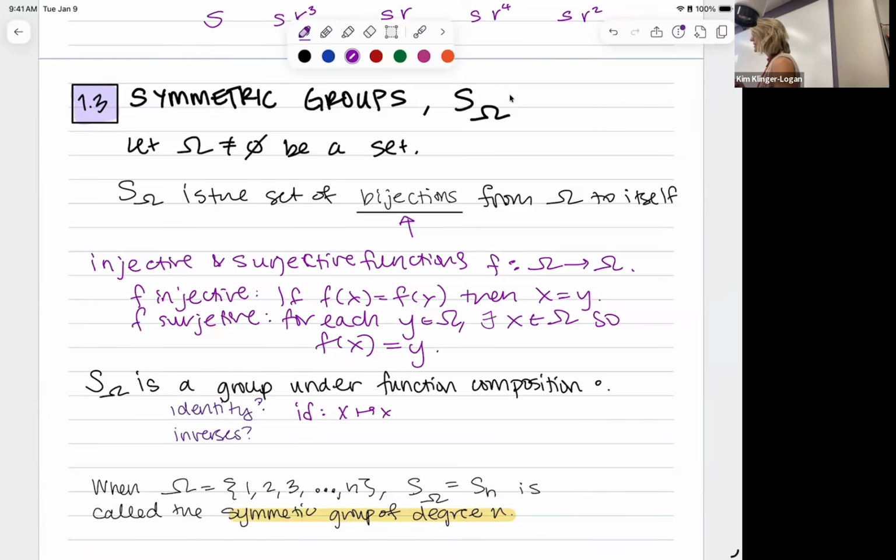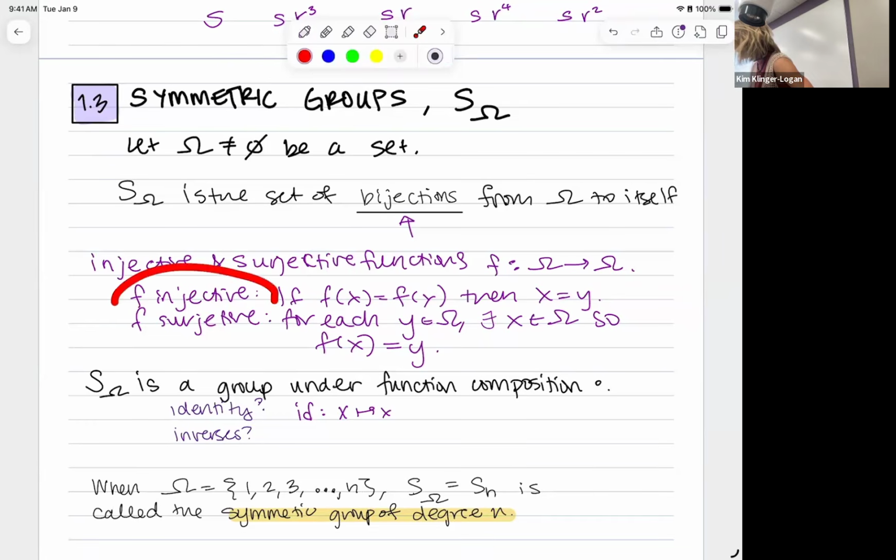Okay, and so what are inverses? Well, they're the inverse functions, right? And what's nice is that every bijection has a well-defined inverse. If I did not have these functions being bijections, if they were, say, not injective, then f wouldn't necessarily have a well-defined inverse.